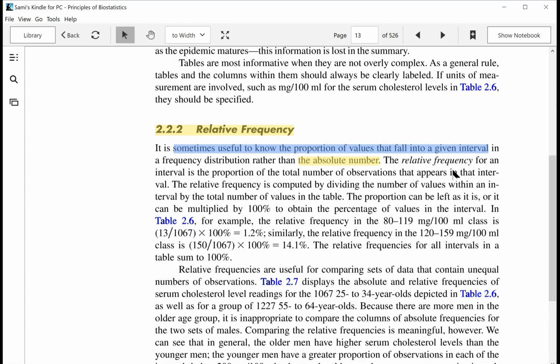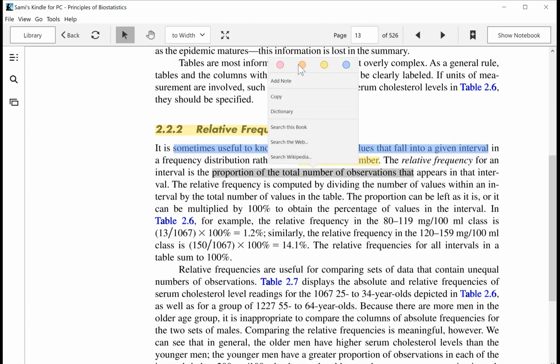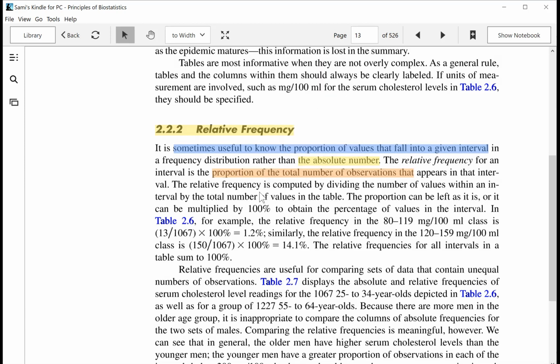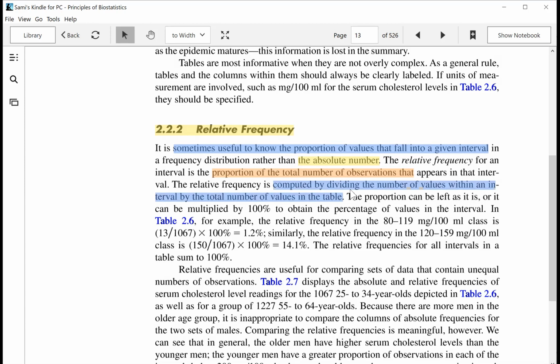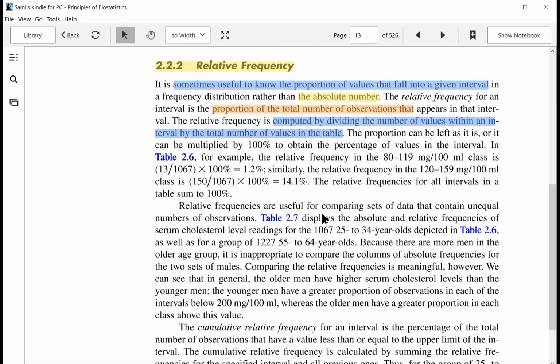Okay, so the relative frequency for an interval is the proportion of the total number of observations that appear in that interval. The relative frequency is computed by dividing the number of values within an interval by the total number of values in the table. That's why it's relative.